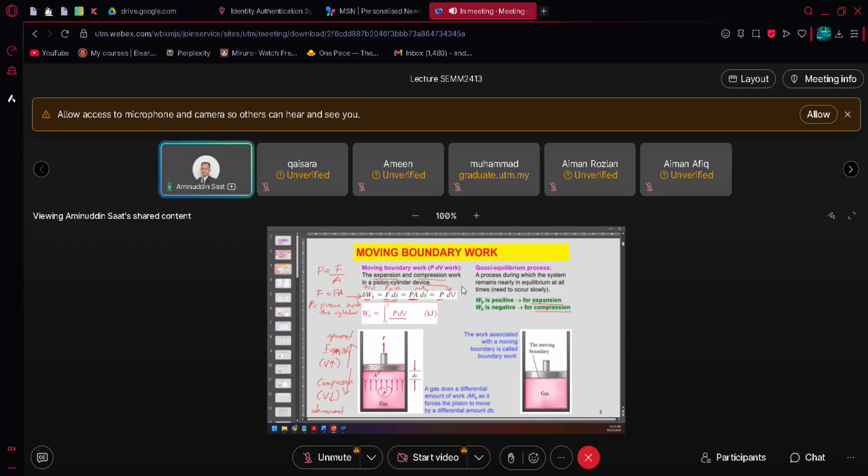You can also write it like this: V boundary for expansion will always be positive. Boundary work due to compression will always be negative.